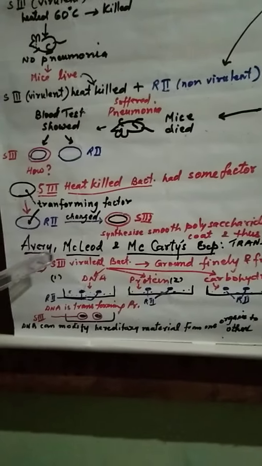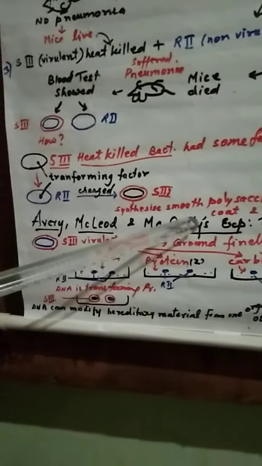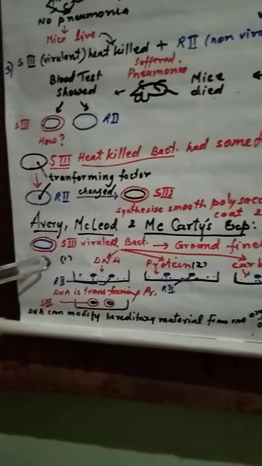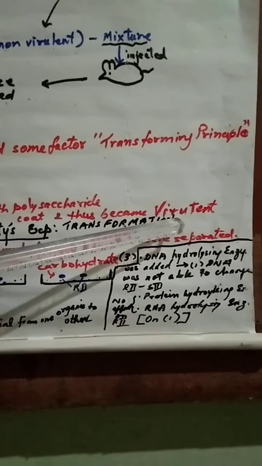Later on, three scientists, Avery, MacLeod and McCarty, continued Griffith's experiment and tried to prove the transforming principle. They took the S3 bacteria and ground it finely, and all the fractions of this bacteria were separated.